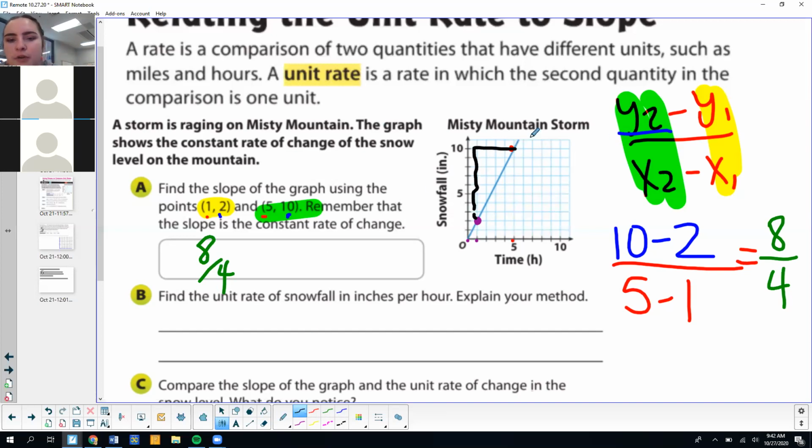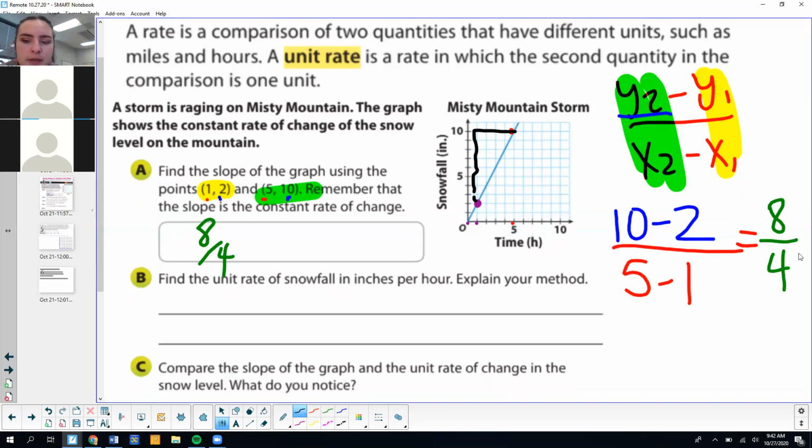So if we wanted to figure out further up the graph, we could using this slope that we got. So find the unit rate of snowfall in inches per hour. Explain your method. So unit rate of snowfall. It's hard to conceptualize, and it's hard because I don't have a bunch of visuals and I only have a small screen to show you guys.